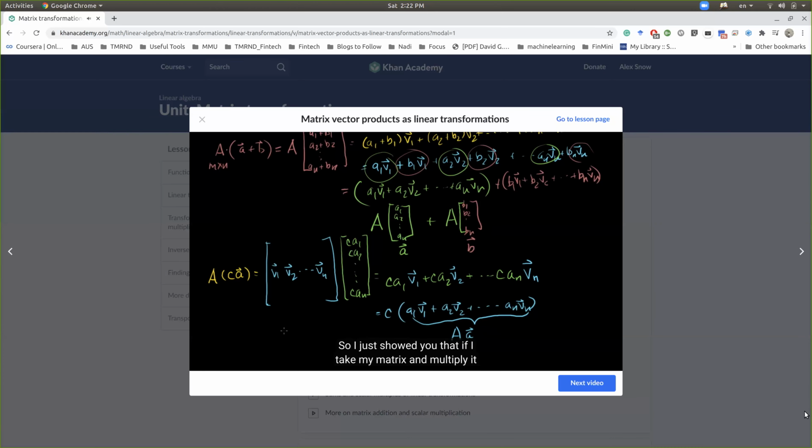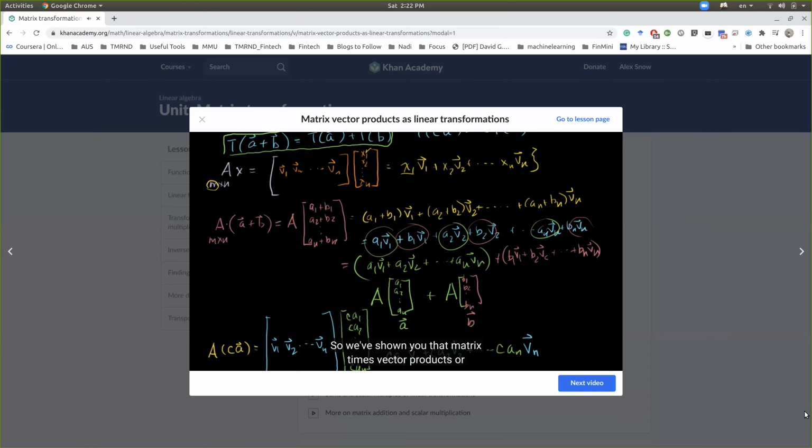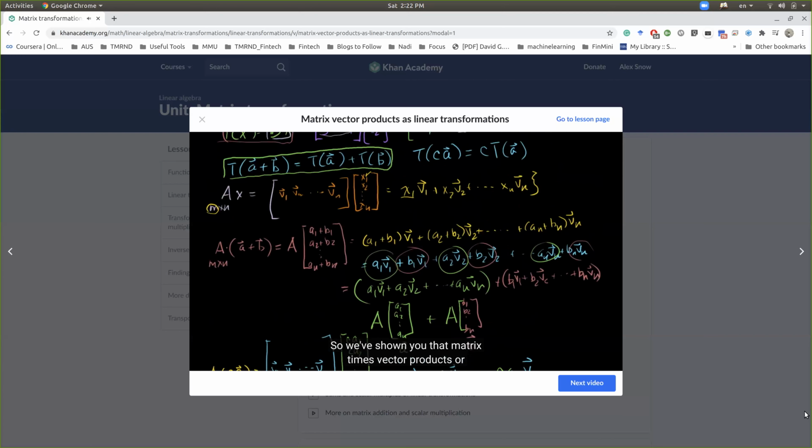So I just showed you that if I take my matrix and multiply it times some vector that was multiplied by a scalar first, that's equivalent to first multiplying the matrix times the vector and then multiplying by the scalar. So we've shown that matrix vector products satisfy this condition of linear transformations and this condition.